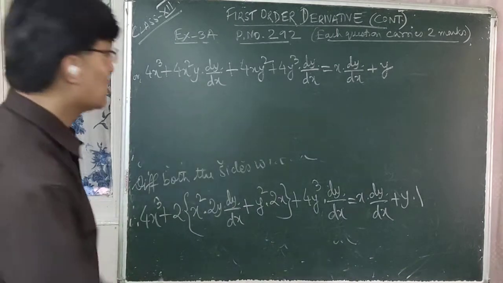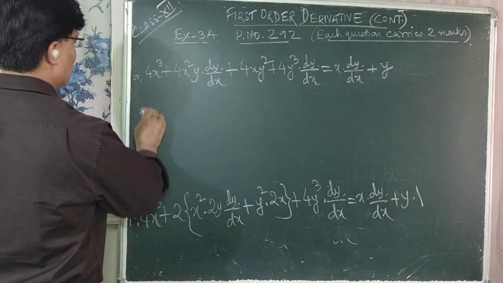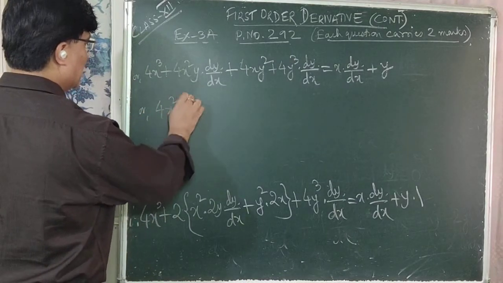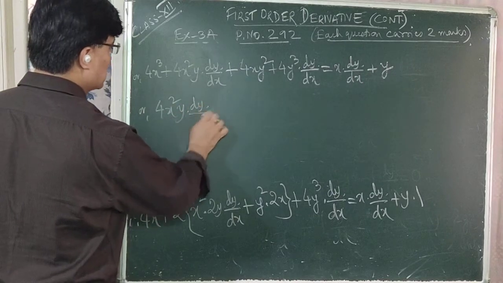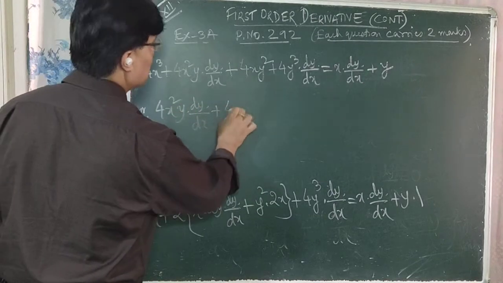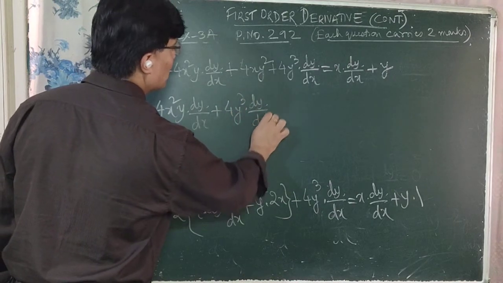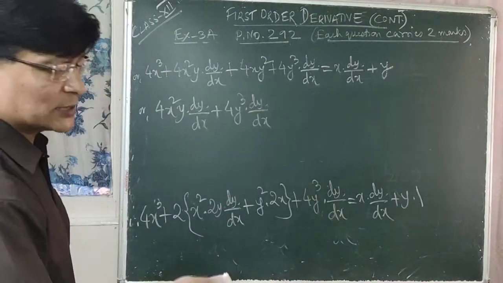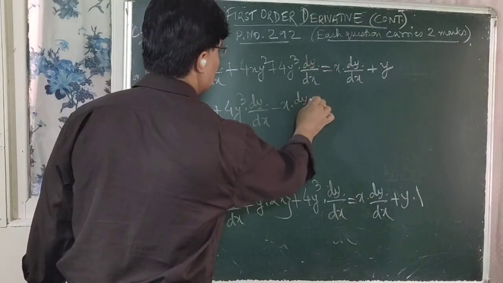So now you have to get the value for dy by dx. So keep the terms containing dy by dx on the left hand side. Okay. So the terms here containing dy by dx are 4x square y dy by dx plus 4y cube into dy by dx. Then x dy by dx, take it to the left hand side. So it becomes minus x into dy by dx.